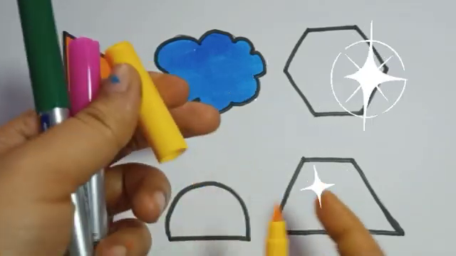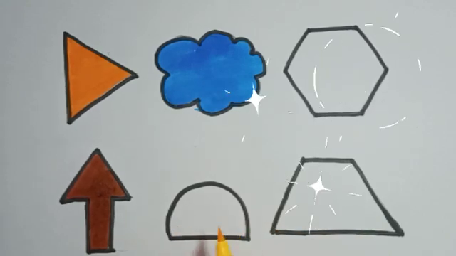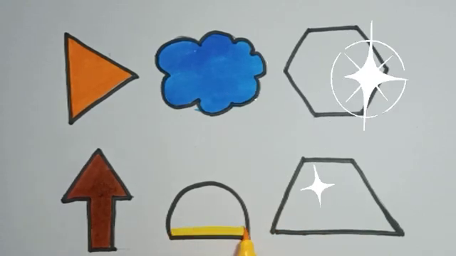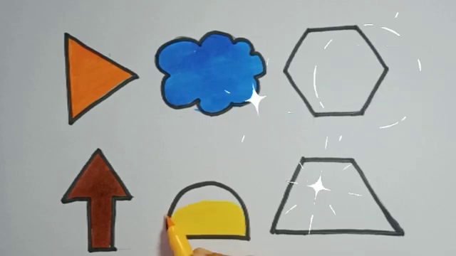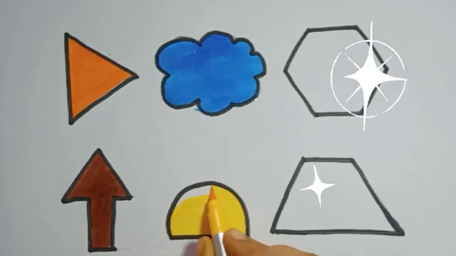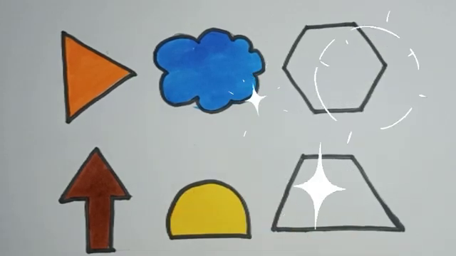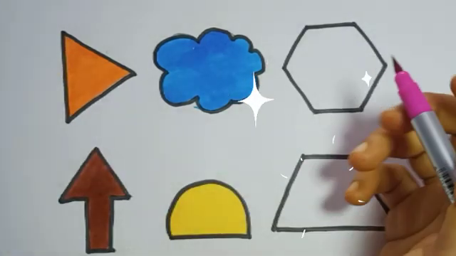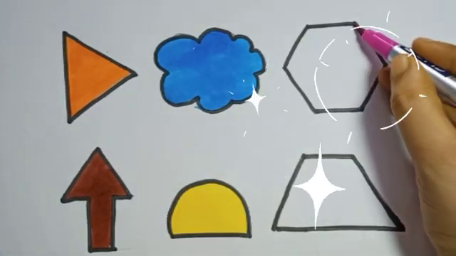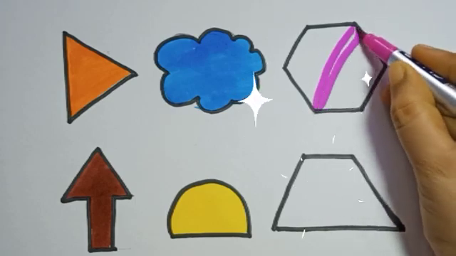Let's draw semicircle with yellow color. Pink. ये कौन सा कलर है बच्चों?